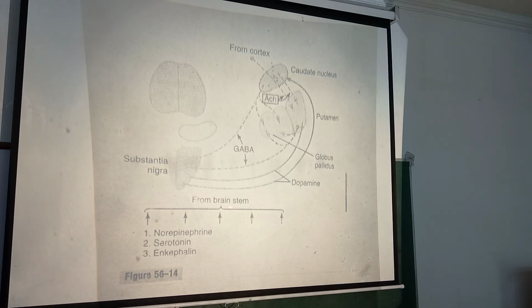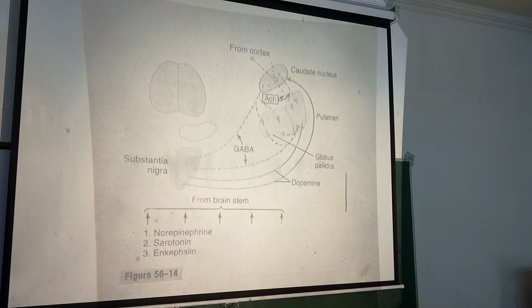Nerve fibers which come from the brainstem to the basal ganglia may release norepinephrine, serotonin, and enkephalin.